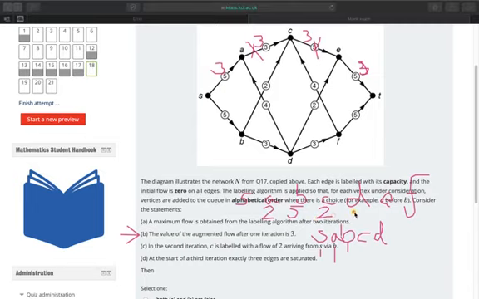And D again gets 3 from B. Now, what about C? Well, C doesn't see anything because it can't get to E, because this pipe's saturated and this edge has 0 flow. So C is dealt with by default.